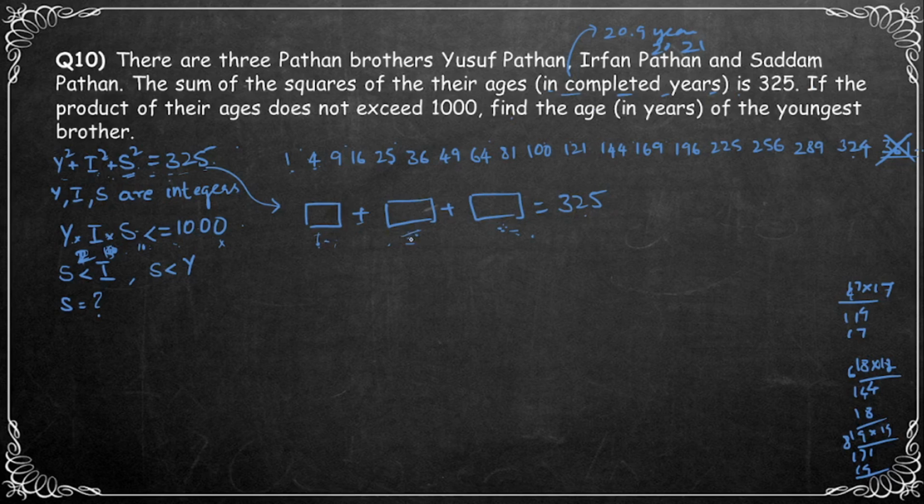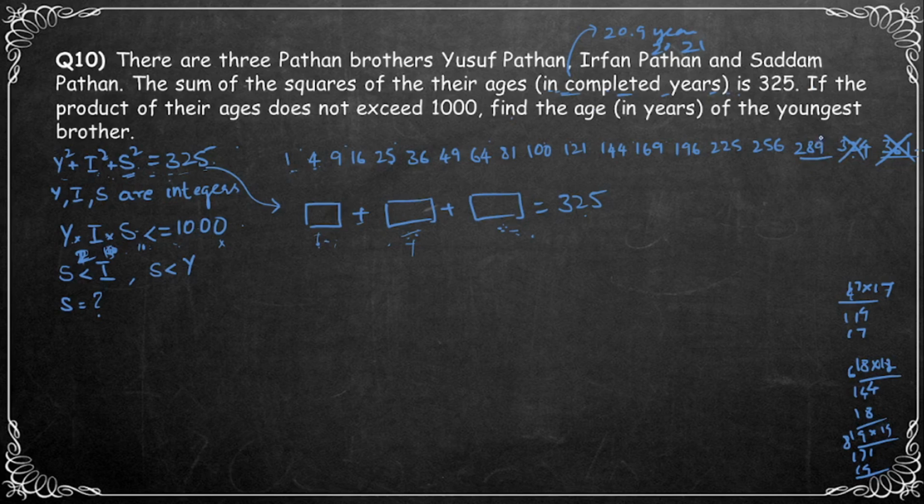I can fill one box with 1, but the other box would be 0, which is not a correct combination, because the ages are in completed years, so they must be positive numbers. So 324 is also not a possibility.